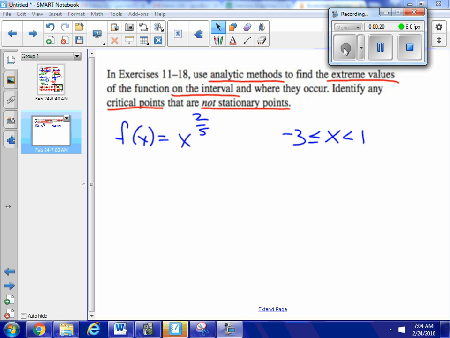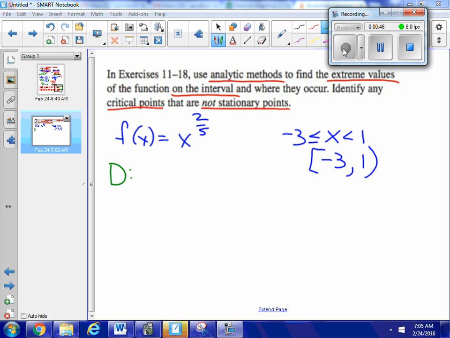So this is the interval that they gave me, and I'm going to write it in interval notation, [-3, 1), with a parenthesis because notice that the 1 is not included in this graph. So even though they gave me an interval, I still want to check the domain of this function. I don't see any denominators with variables in them.